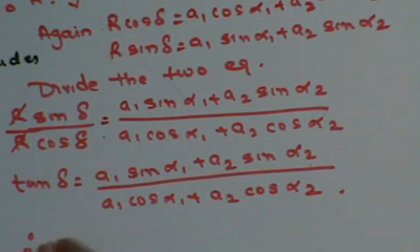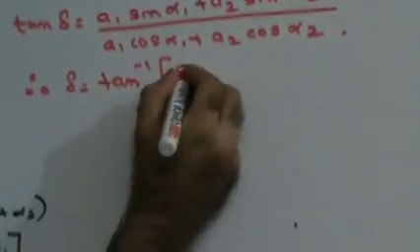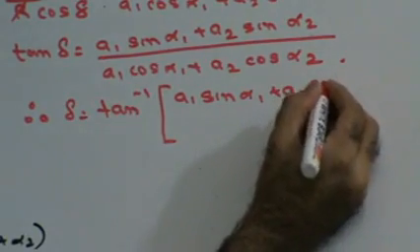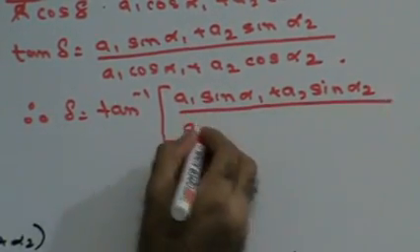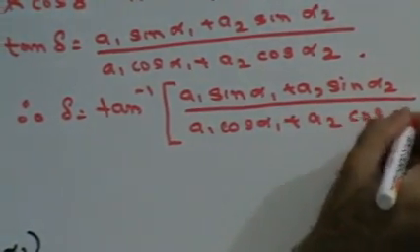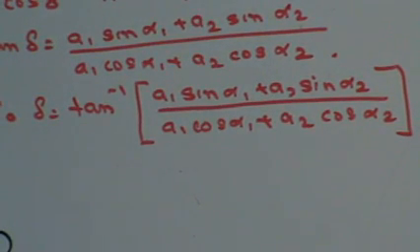Therefore, you can say that delta is equal to tan inverse of A1 sin alpha 1 plus A2 sin alpha 2 upon A1 cos alpha 1 plus A2 cos alpha 2. That is going to be the resultant phase of the 2 SHM.